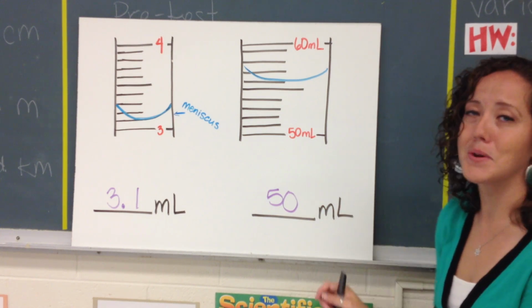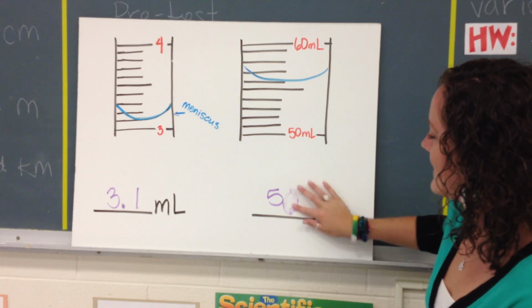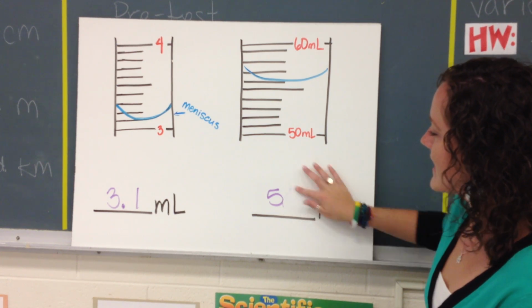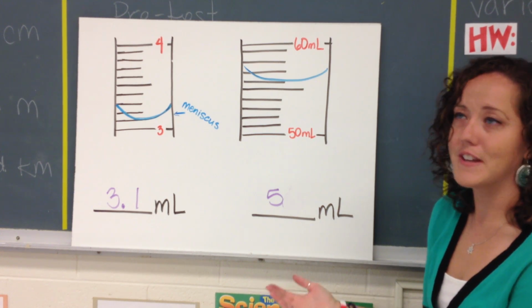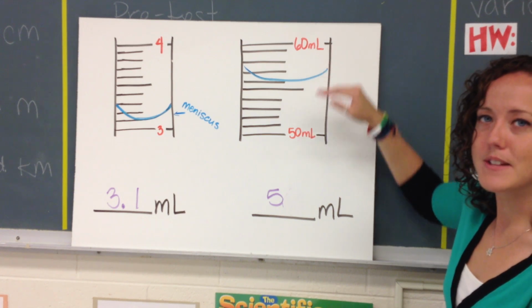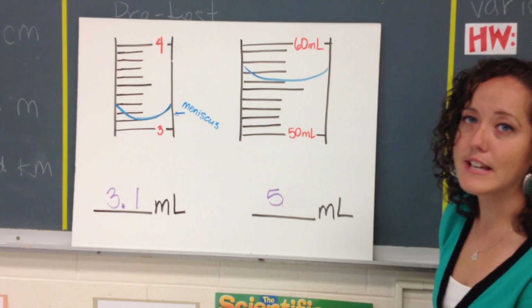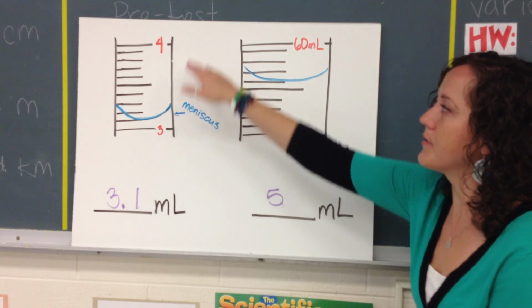Oh, I'm sorry. I told you wrong. Let me change that. And it's actually good to see me make a mistake, so that way if you make a mistake later on, you'll know how to fix it. We need to pay attention to this. This goes from 50 to 60, so that means all of the steps in between will actually equal 1 whole milliliter instead of tenths, like it did over here.